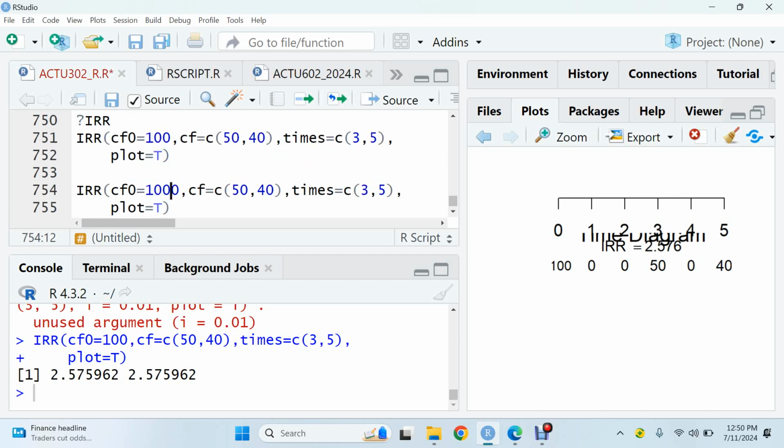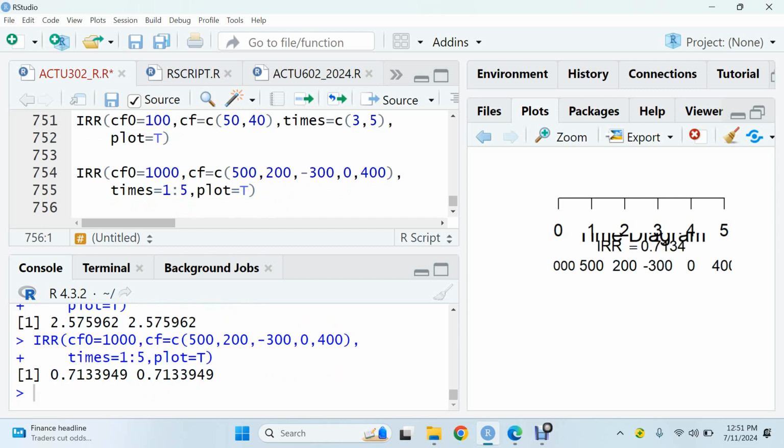And then our CF0, 0 and 400. And the times? 1 to 5. So I can just put 1 to 5 like that. And then plot is true. Okay. And did you get the same thing?